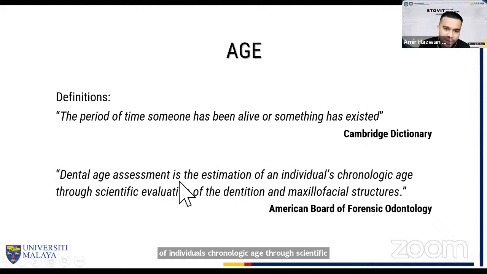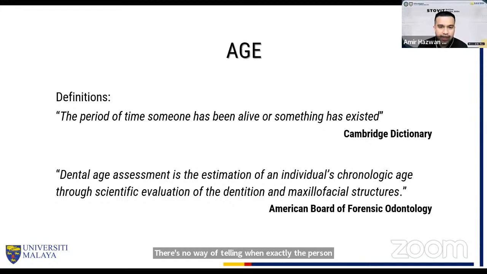So the keyword here is estimation. You cannot determine somebody's age. You can only estimate, because without proper official documentation, there's no way of telling when exactly the person was born.